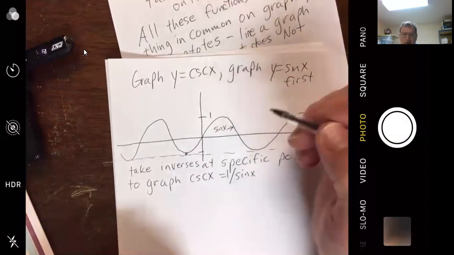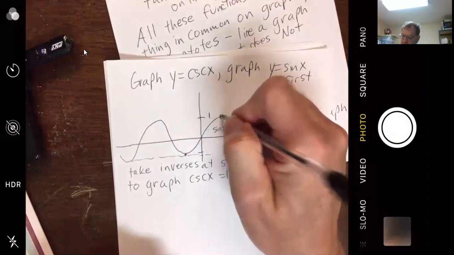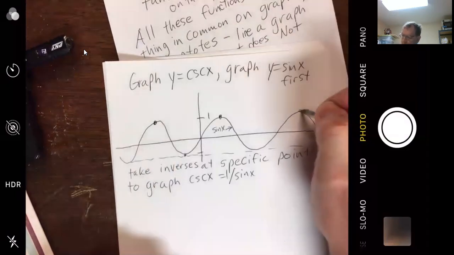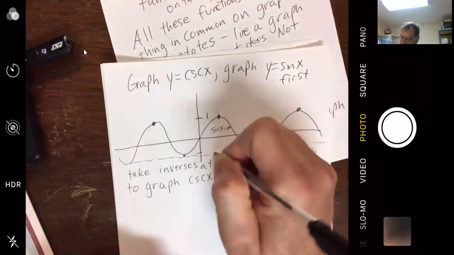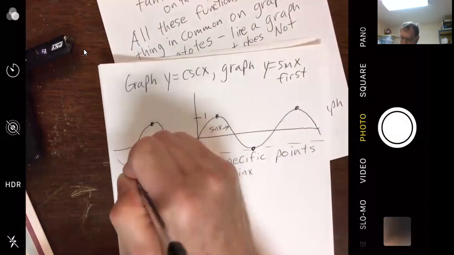The easiest points are these peaks or dips. You're at 1, you're at -1.